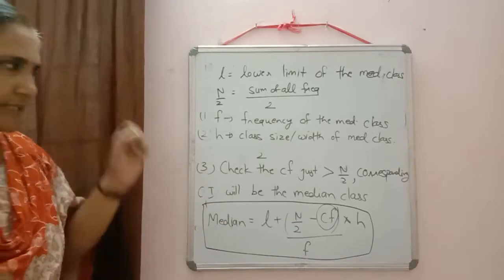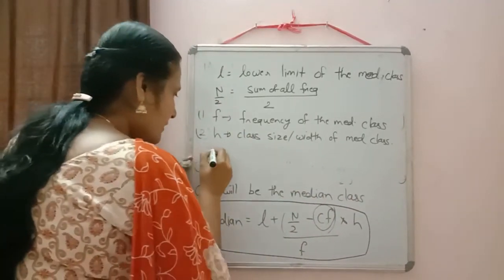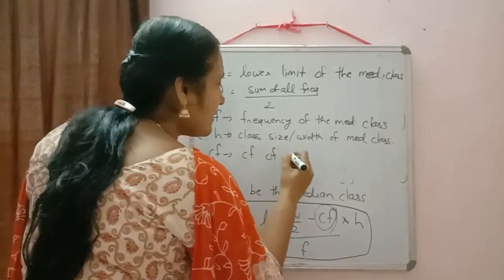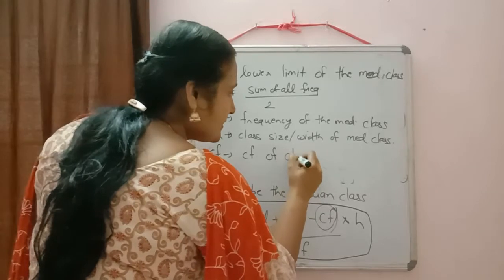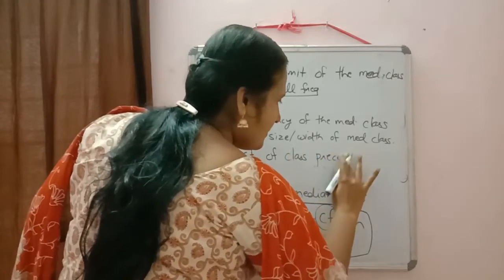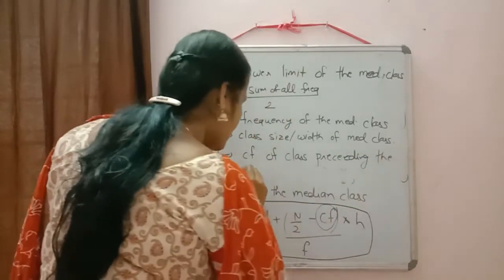So all of you just underline there. CF is equal to cumulative frequency of the class preceding the median class.